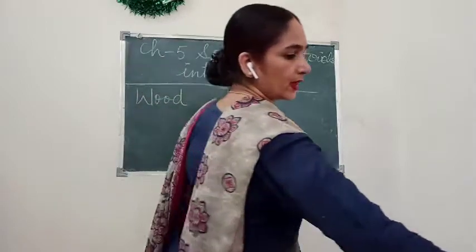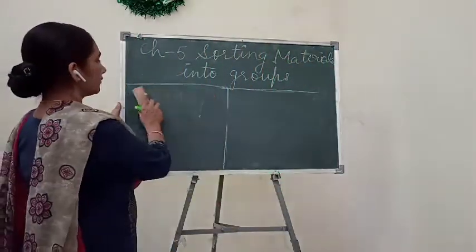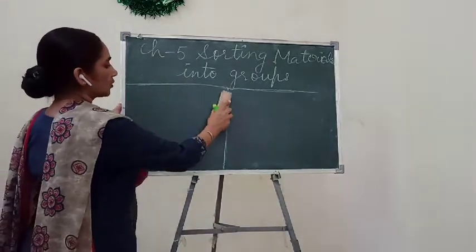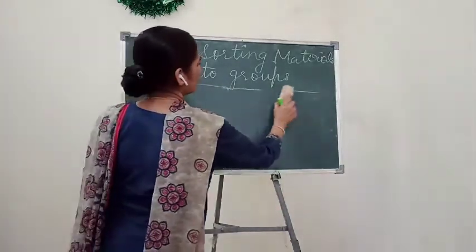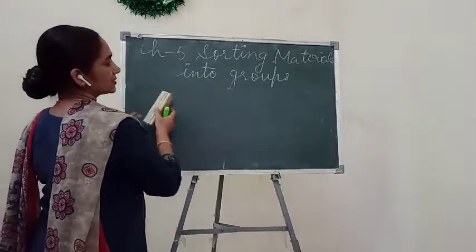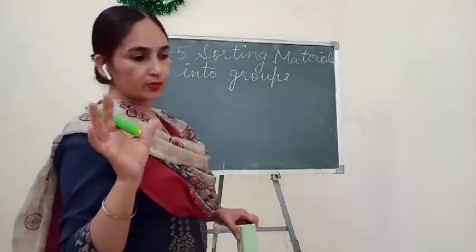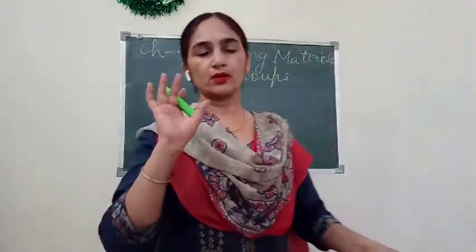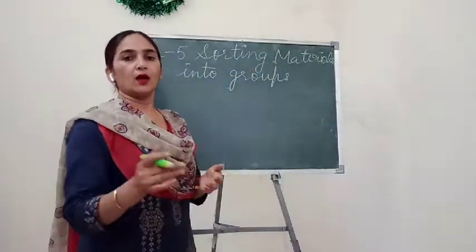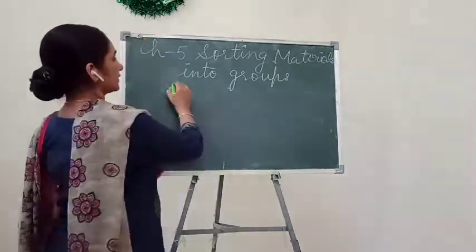So in this way, in your book they have given it in tabular form. In your book you can see and fill according to your choice. According to your choice you can fill the name of objects, or according to your choice you can fill the name of materials. Okay.